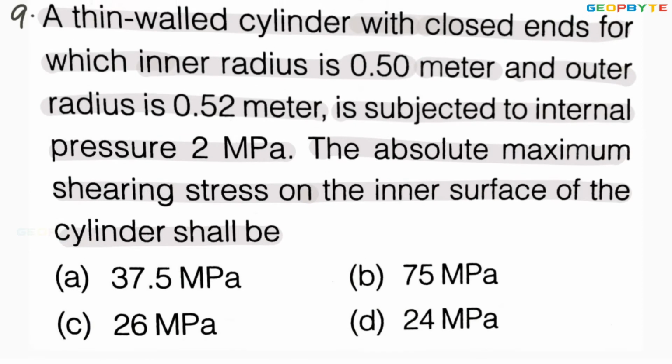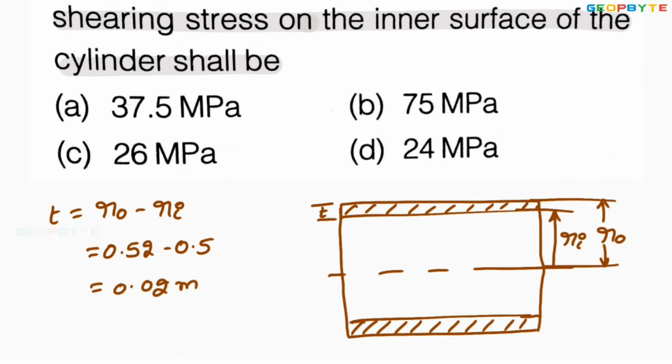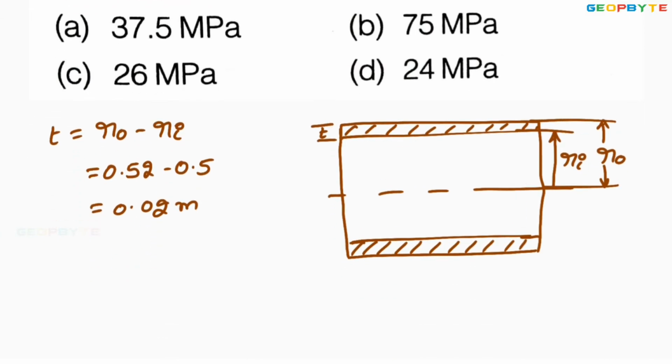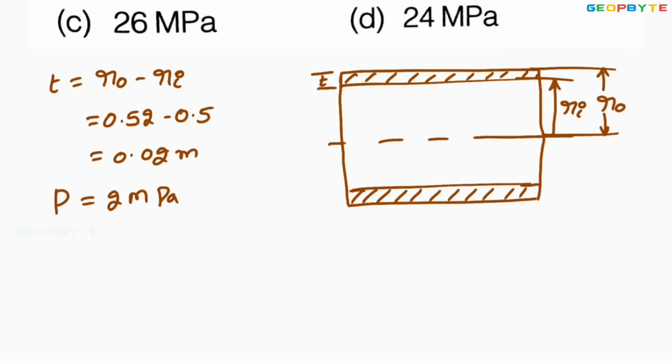Look at the problem once again. This is the inner radius and this is the outer radius. Pressure is given as 2 megapascal. Now the diameter.